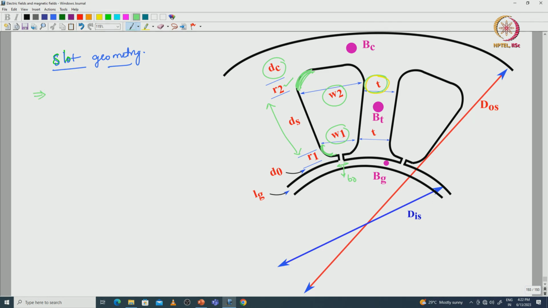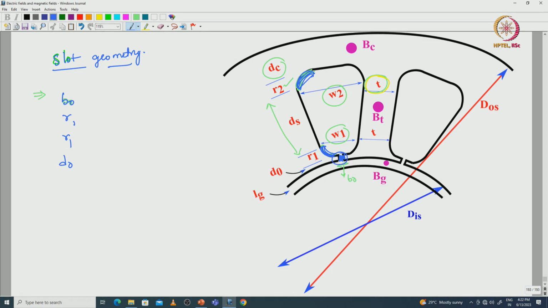So, these are the parameters we have to calculate to complete the stator core geometry. In order to calculate the stator slot geometry, we have to assume the following parameters: the slot opening, the radius of the slot at the starting side, the radius of the slot at the bottom side, and D0, the slot opening height.